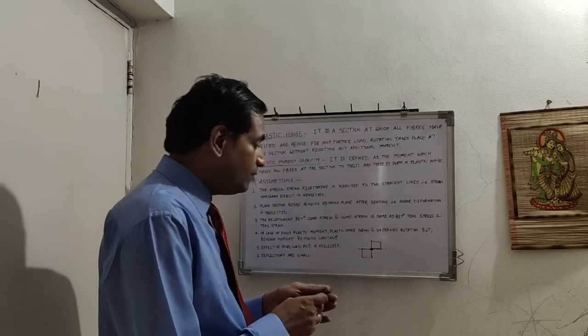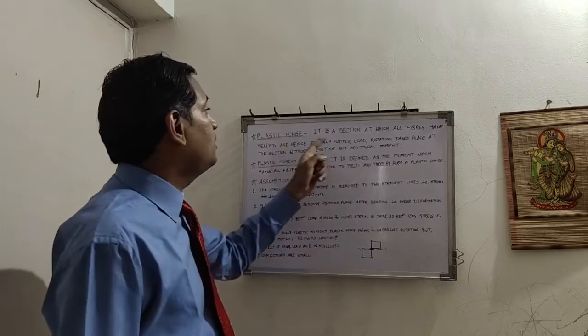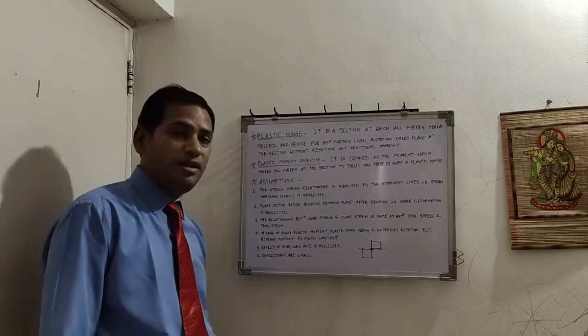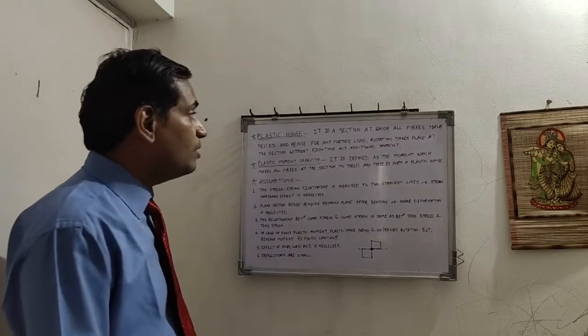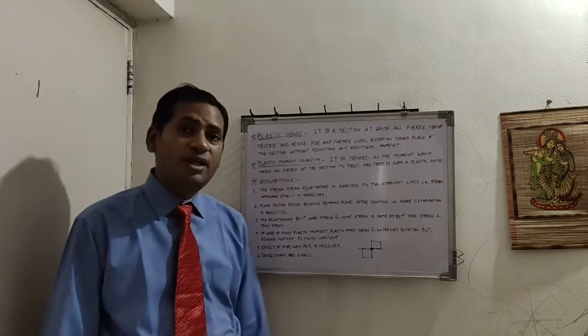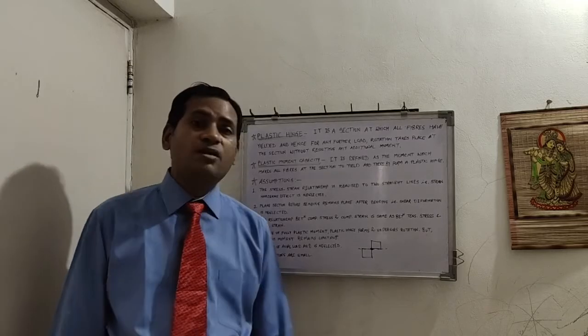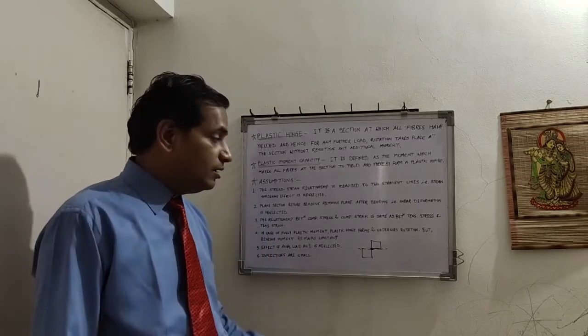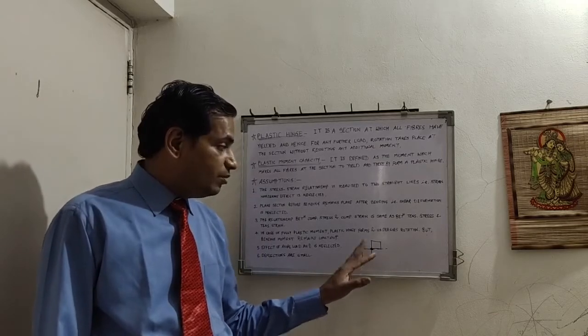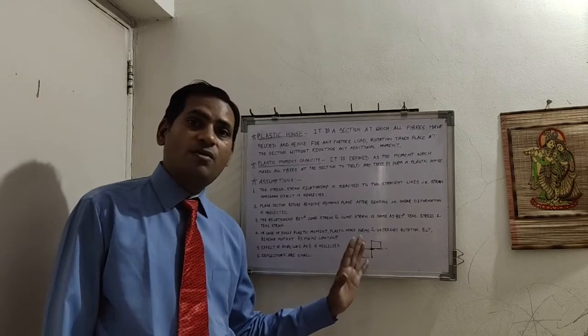In words, we can define a plastic hinge as a section at which all fibers have yielded, and hence for any further load, rotation takes place at the section without resisting any additional movement. It means the capacity of the section beyond this is zero.